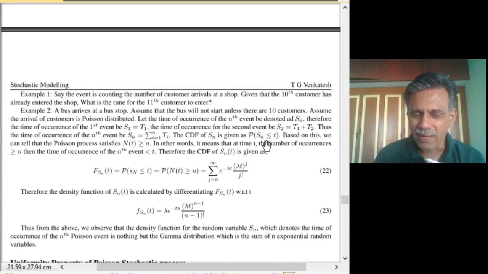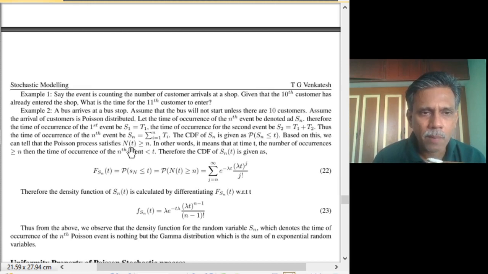If at least n arrivals should have occurred in time t, it means the number of arrivals in time t has to be greater than or equal to n. Both are two ways of stating the same condition.